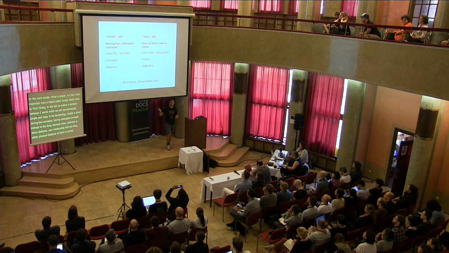He gives some etymology for this, which I don't know how convincing it is. It's not too important. The important thing is that I think this is a useful distinction between the innate concepts in the thing, the simplicity of it, versus ease, which is all about your actions with the object and your familiarity with it.